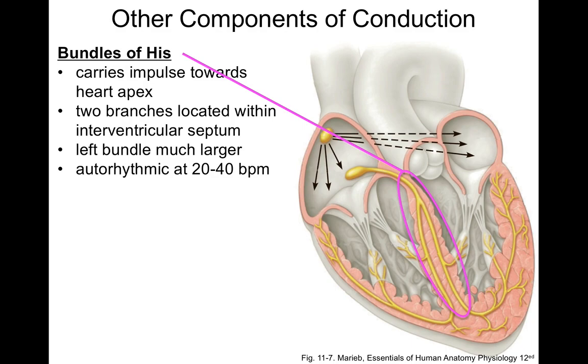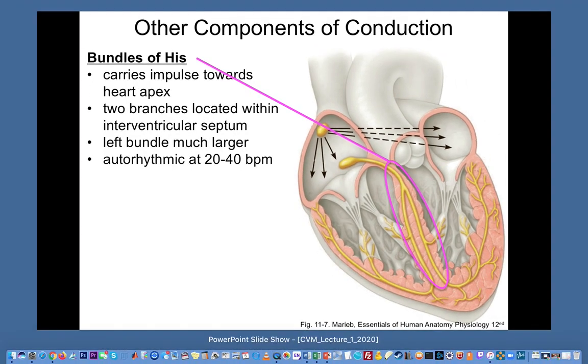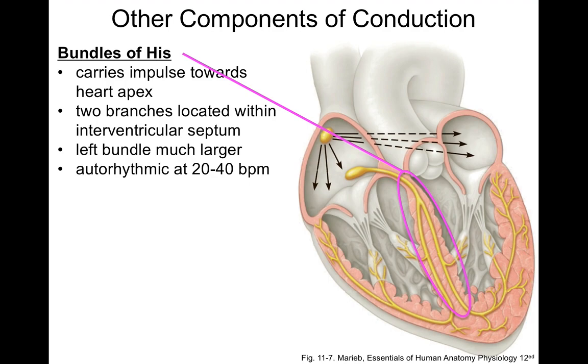The other components of this conduction pathway are the bundle of His, which we already mentioned. This carries the impulse towards the heart apex. There are two bundle branches located within the interventricular septum. The left bundle branch is usually much larger because the left ventricle is larger. And this as well has its own autorhythmicity, in this case about 20 to 40 beats per minute.